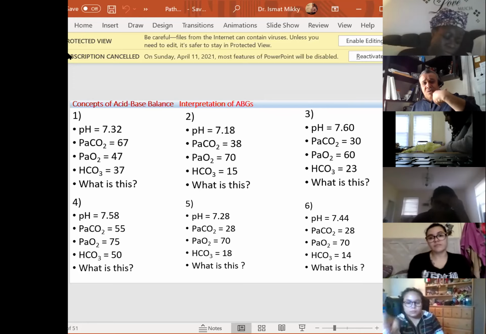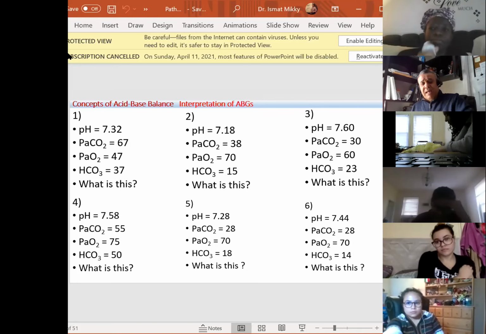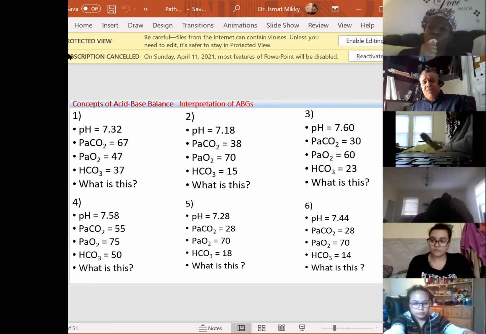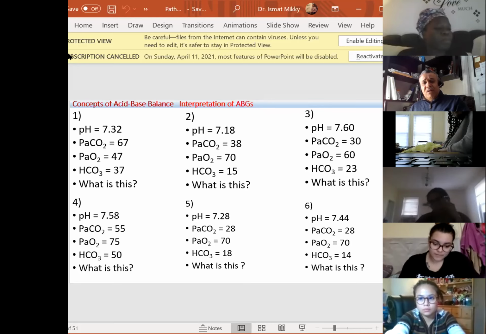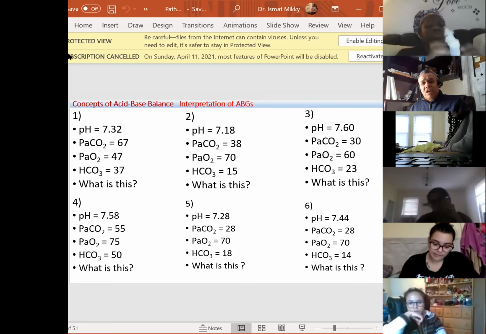The more CO2 being blown off by the lungs from the plasma, that's going to bring the pH up to normal levels or close to 7.35. That will be partial. If it goes up to within range, like pH 7.37, then we can say complete compensation.